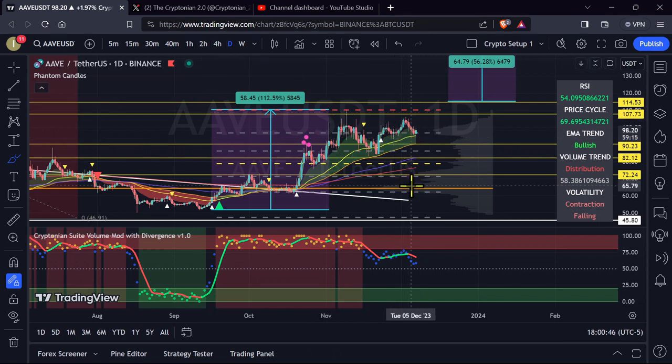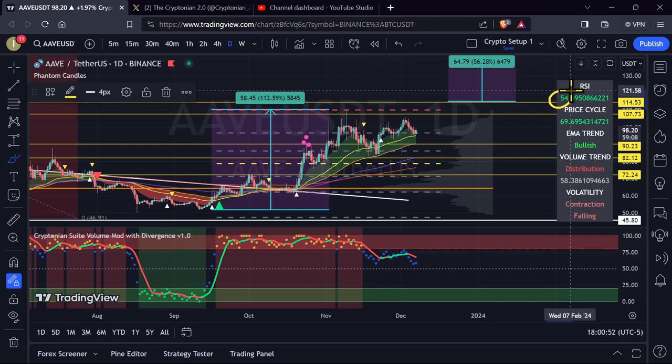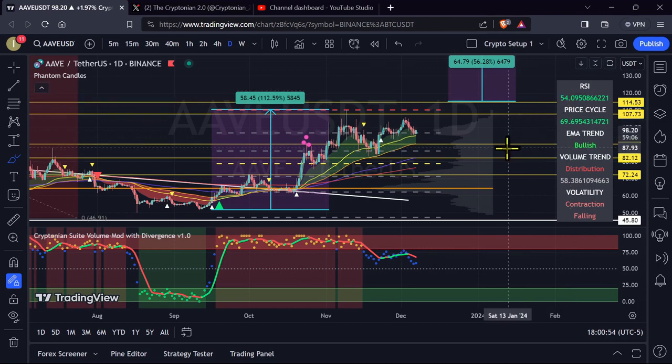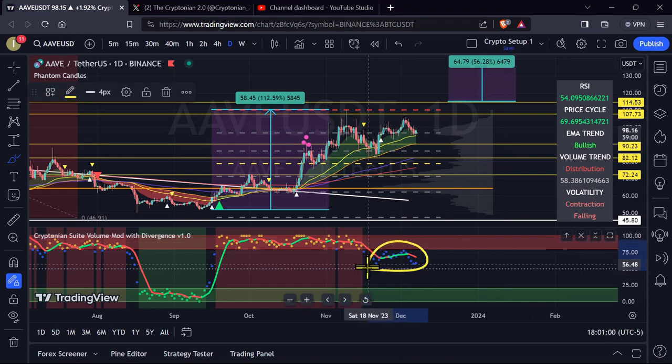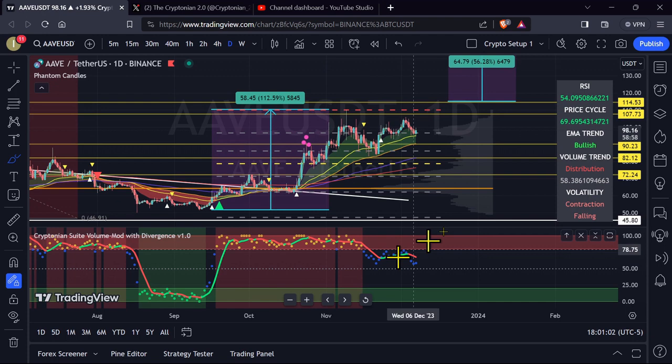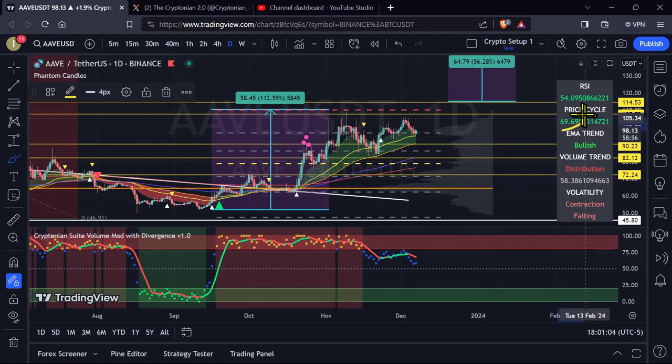And this is a very, very interesting chart because right now RSI is 54. If we go below 50, we will start to become significantly weaker. And this is caused by the selling and the volume going down a bit. The price cycle is 69, and we're above 50, and we're above the EMA trend, which is bullish.